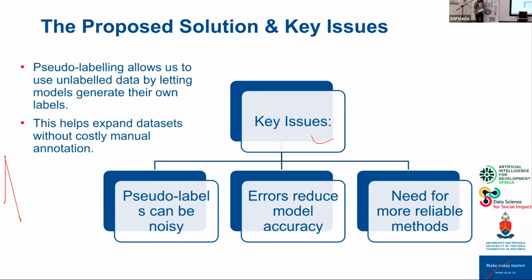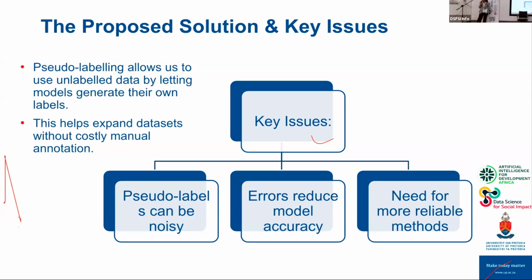So the question becomes, how do we build accurate language models when we don't have enough quality data? This is where I come in. My research explores a solution called pseudo-labeling.